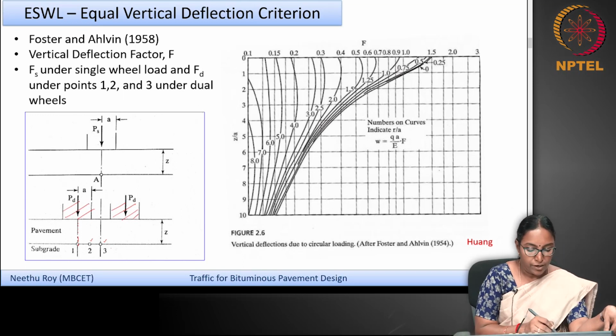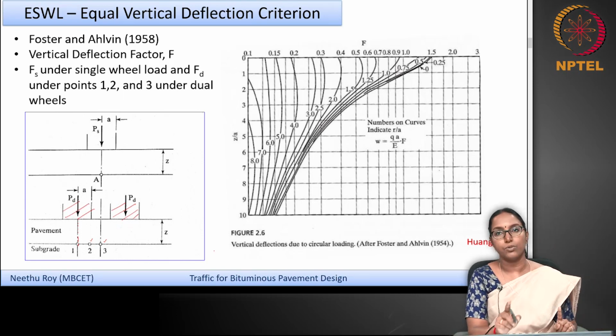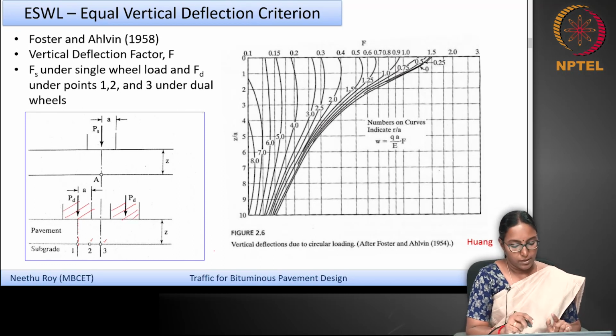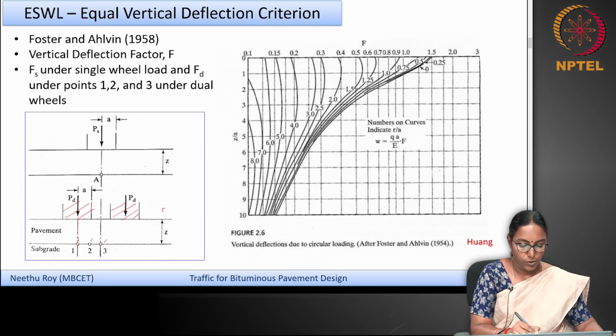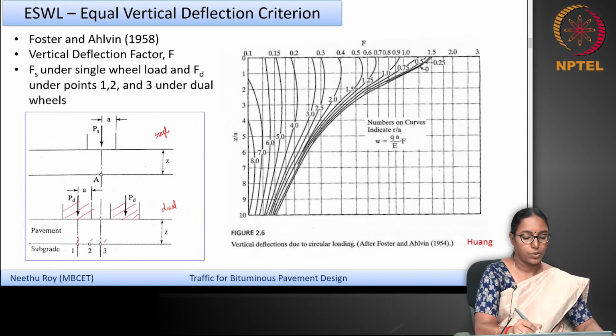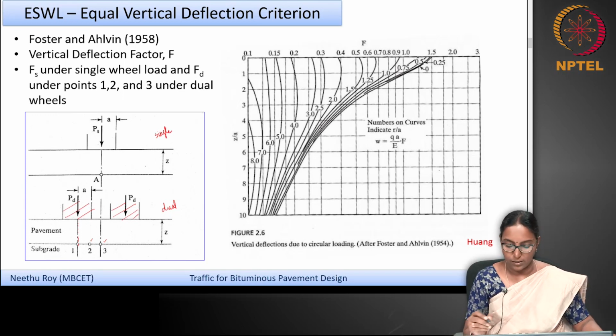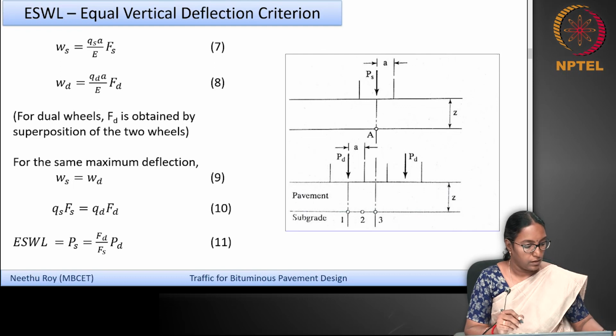So you have to see where you get the maximum deflection factor at points 1, 2 and 3, and the effect of the two loads has to be superposed, that is the left wheel and the right wheel, to get the deflection factor at these three points, and then find the maximum in the case of a dual wheel. This has to be equated to that of a single wheel so that you can arrive at the equivalent single wheel load.